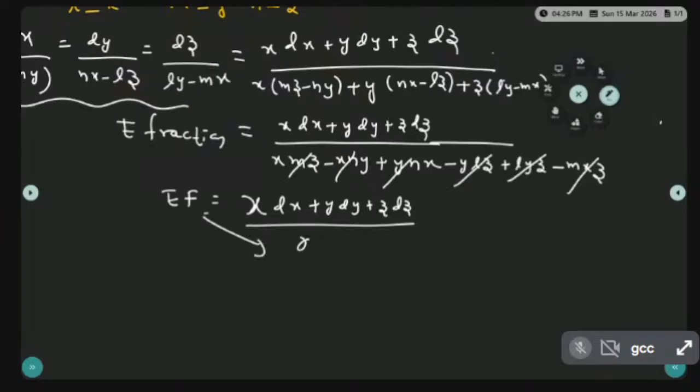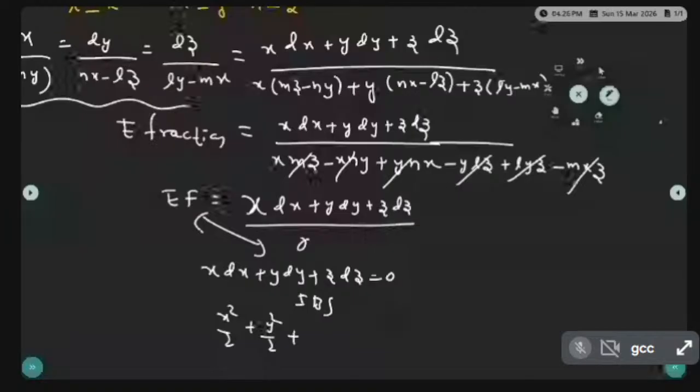Cross multiply. If you cross multiply, what you will get? x dx plus y dy plus z dz equal to 0. Integrate both sides. x square by 2 plus y square by 2 plus z square by 2 equal to C1. Normally, mz minus ny will not become 0. With the help of x, y, z, we converted it to 0.